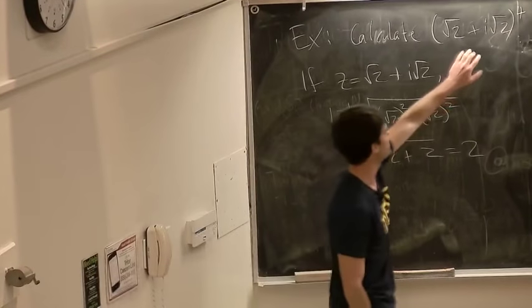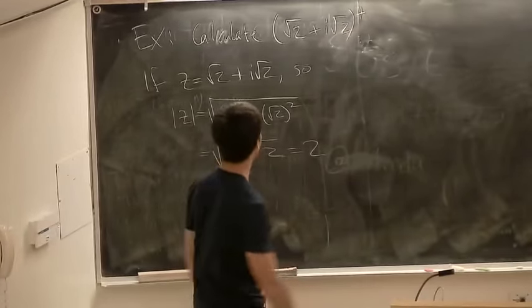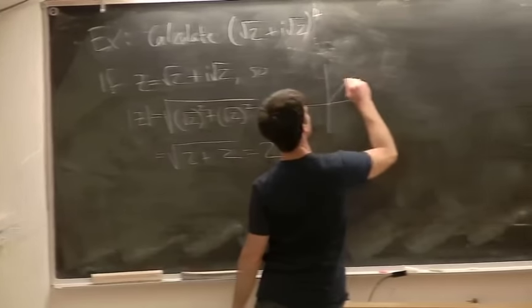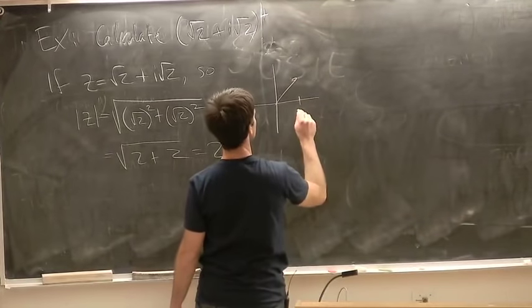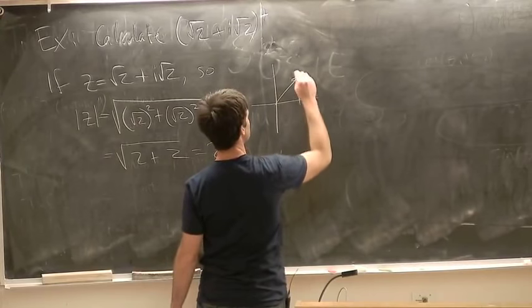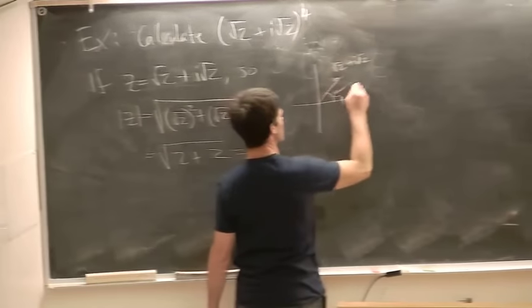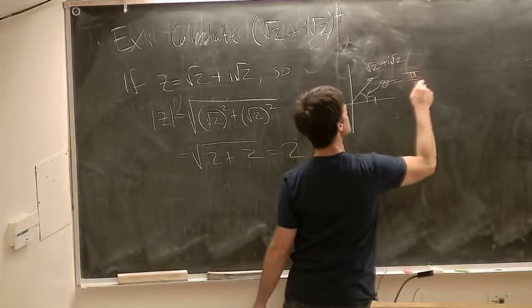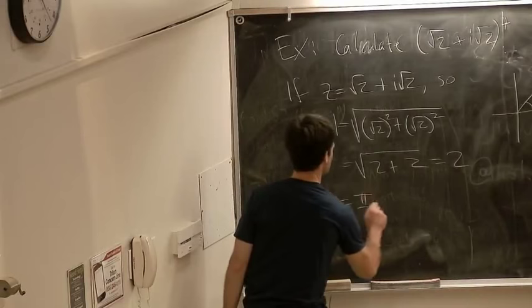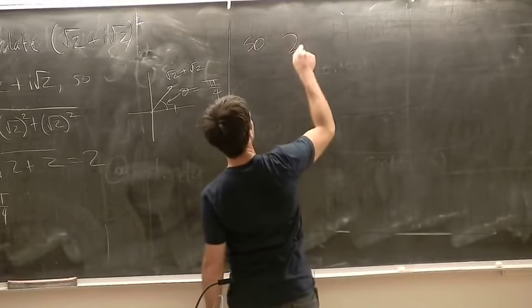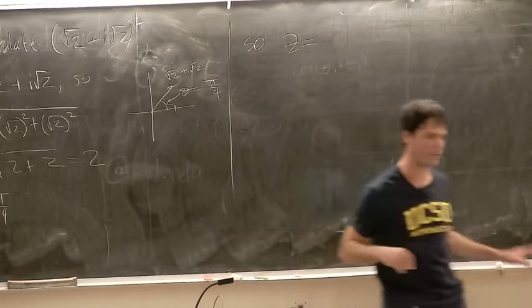And the angle, hopefully by now you guys know that if this is root 2 plus i root 2, this angle here is pi over 4. So z, I could also write in polar form.